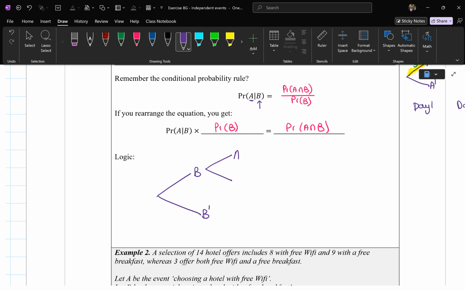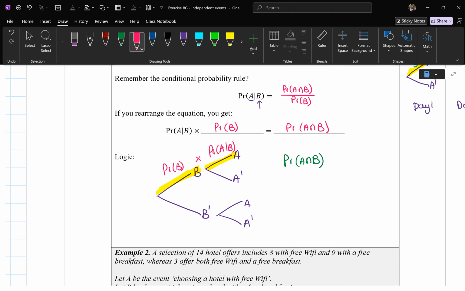Then the second branch would be A, not A. So when we want to find probability of A intersect B, isn't that just this branch, which is probability of B, multiplied with this branch, which remember is not just A, this is actually probability of A given that B had occurred.